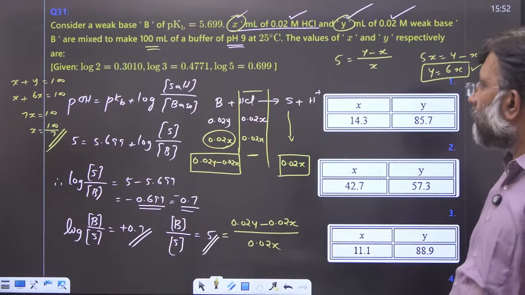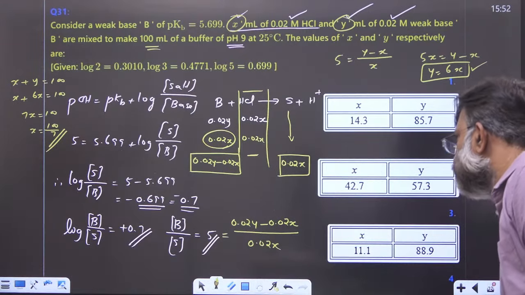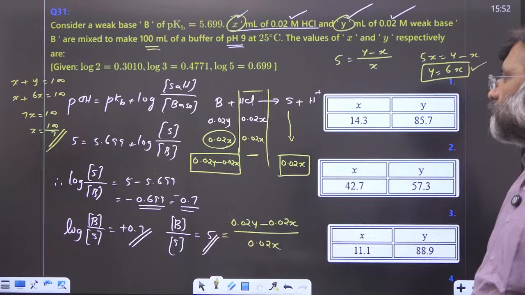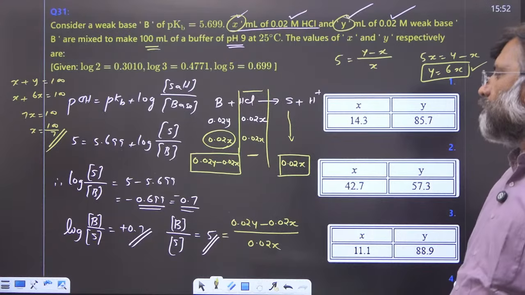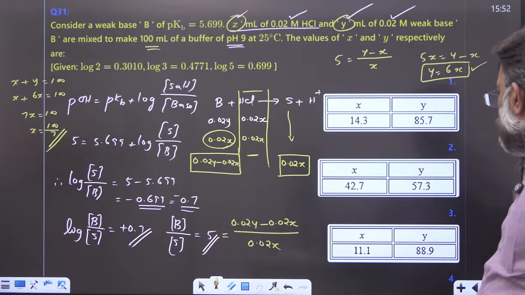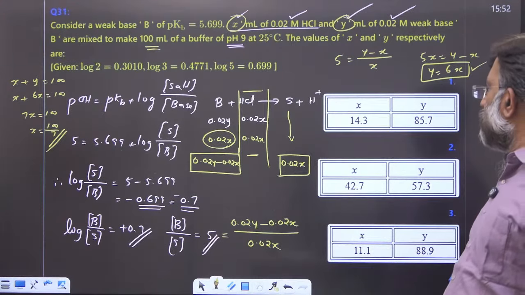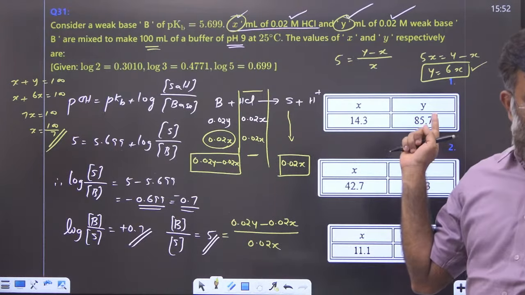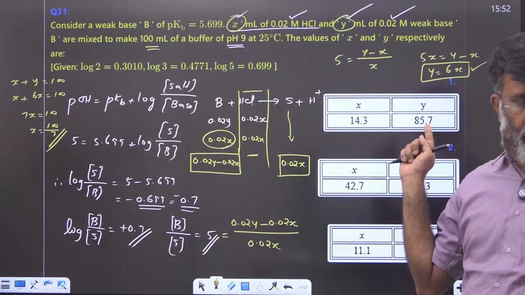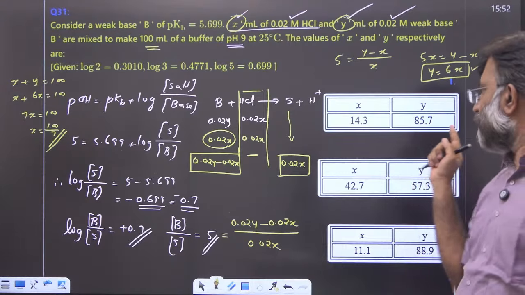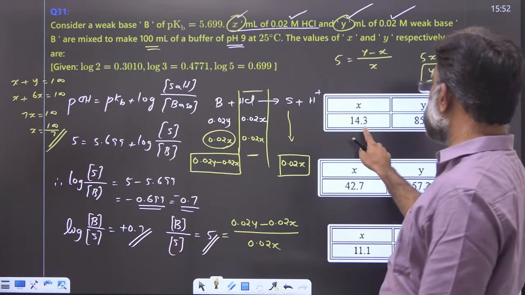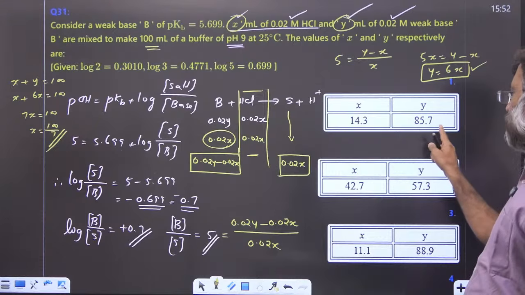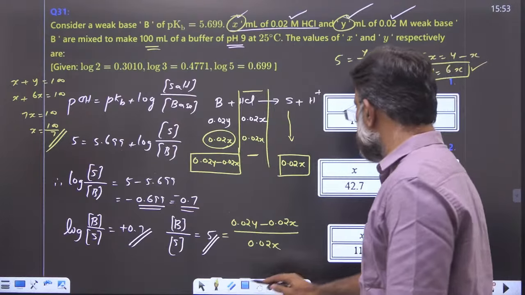Please tell me. Isn't it 14 something, right? Yes. Total is 100. If x is 14.3, then definitely y will be 85.7. The first option should be the correct answer.